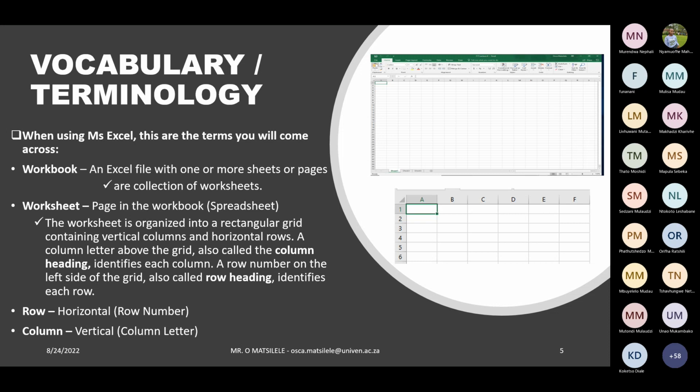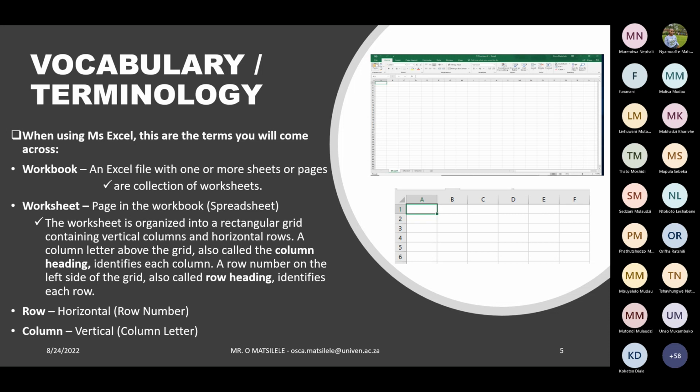with this one. A column letter above the grid, we call them column headings. These are the column letters A up to Z. And after Z, it continues to AA, AB, AC, AD, up to AZ.